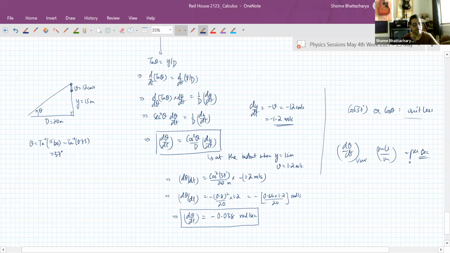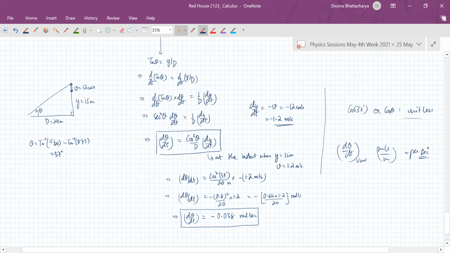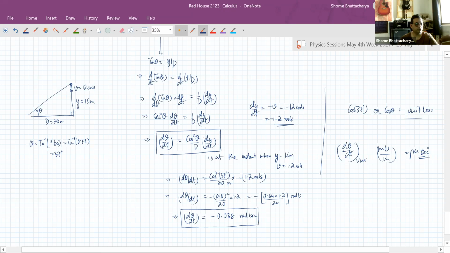So it is in so much angle per second. Now what is the SI unit of angle? It is radian, no? Yes, sir. So that's why it's radians per second. So we need not convert. If you want to convert to degrees, you can always convert. If I'm getting x radians, that is equal to x into 180 by pi degrees.